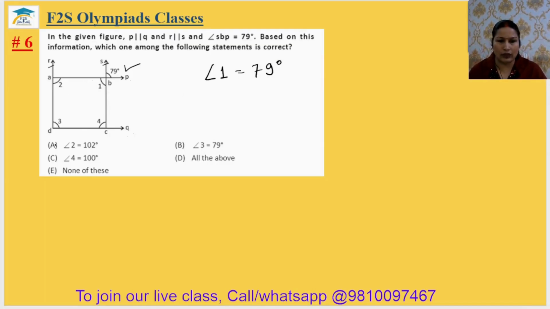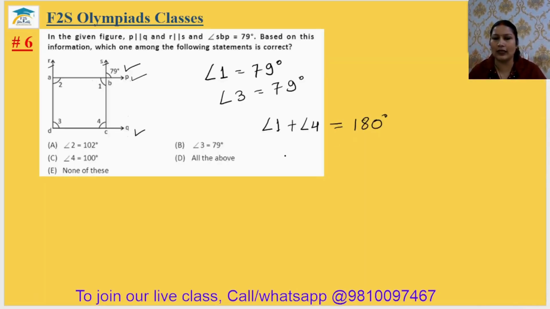And here you can just check, actually side P and side Q are parallel, side R and side S are parallel. So it means it is a parallelogram. So we can say angle 3 will also be equal to 79 degree. Okay? Since these two lines are parallel, the interior angles on the same side, angle 1 plus angle 4, should be equal to 180 degree.